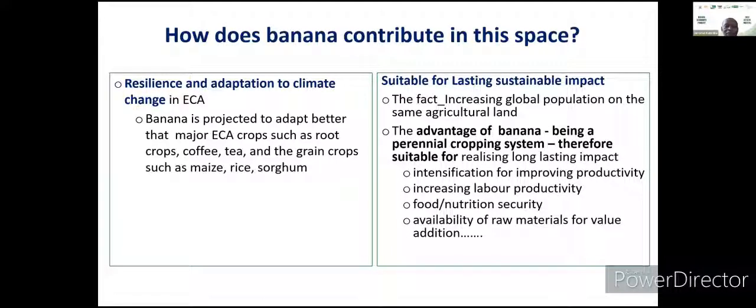I'm not going to talk about the climate change effect, but of course bananas, because of their resilience and because they are perennial, are projected to adapt to climate change more than many other crops.